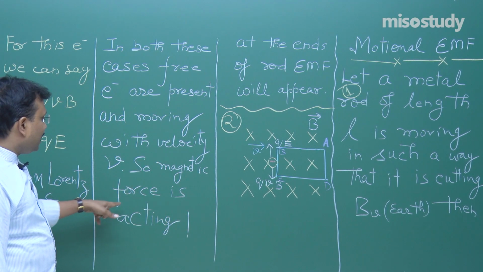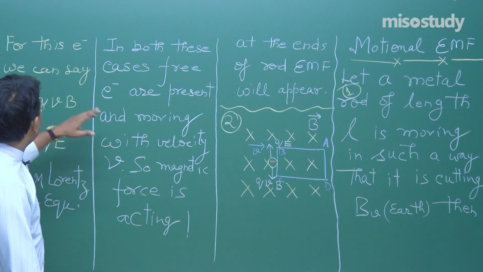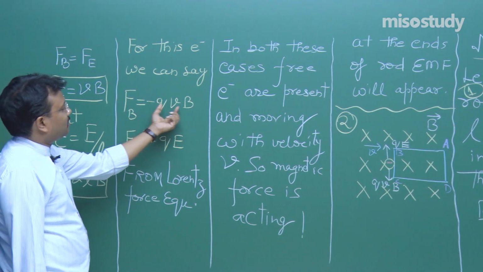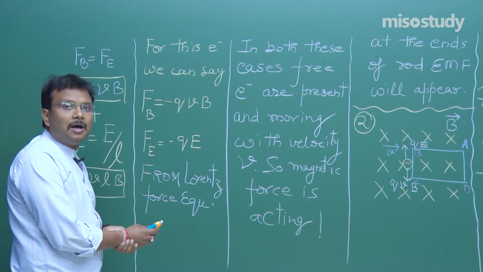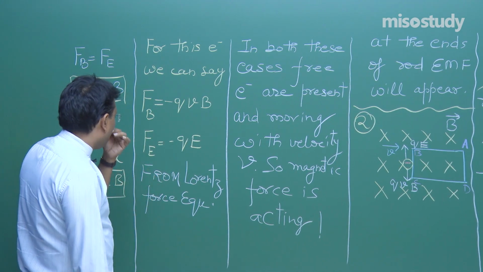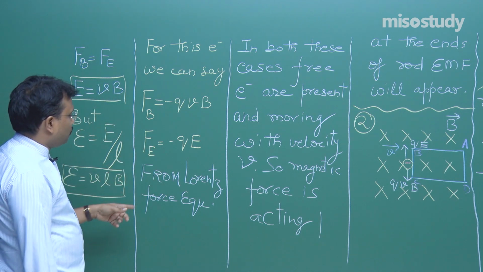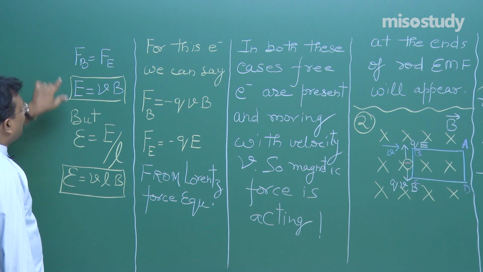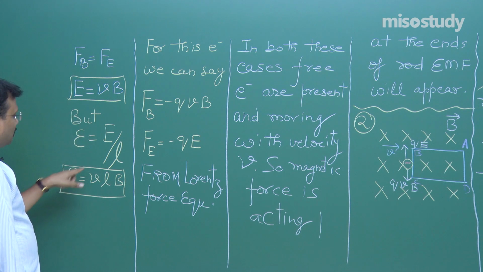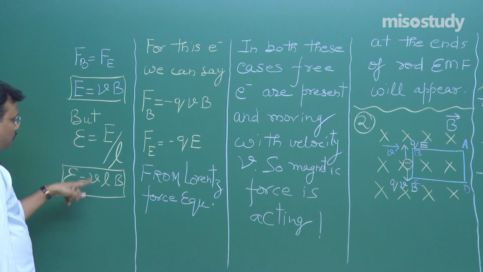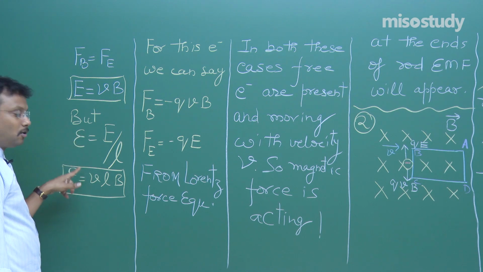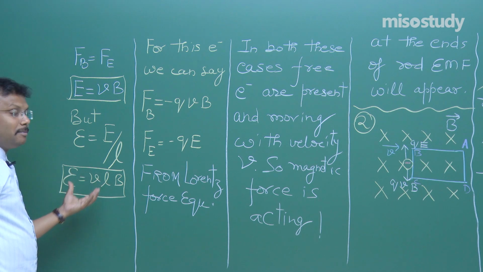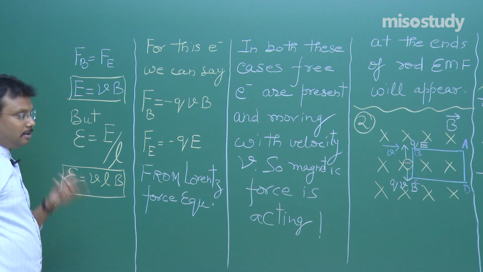So, magnetic force is acting and for this electron we can say F_B is equal to minus QVB, the minus sign is because of the negative charge on the electron, and F_E is equal to minus QE. From the Lorentz force equation we can say F_B equals F_E, and then equating these terms with the potential also, induced EMF is nothing but the representation of that. So, we will get this relation: induced EMF is equal to VLB. This is defined as the motional EMF.